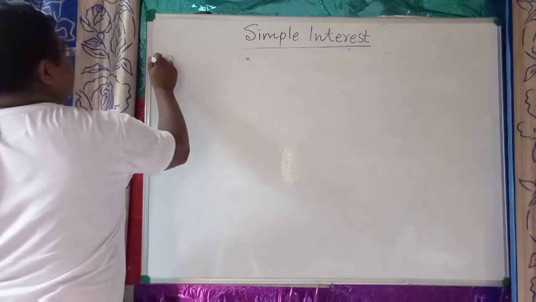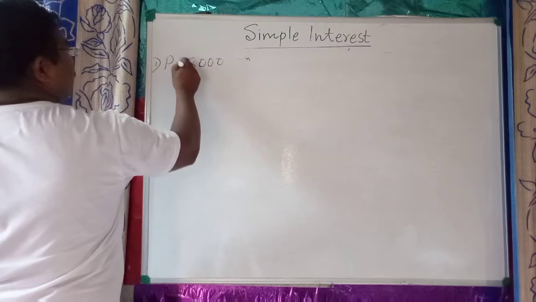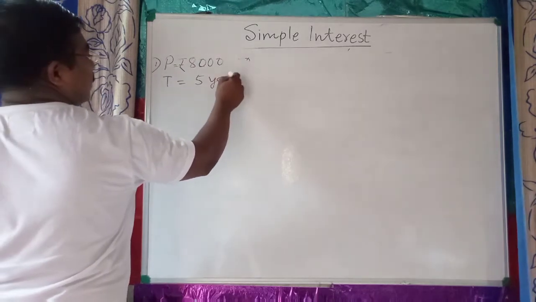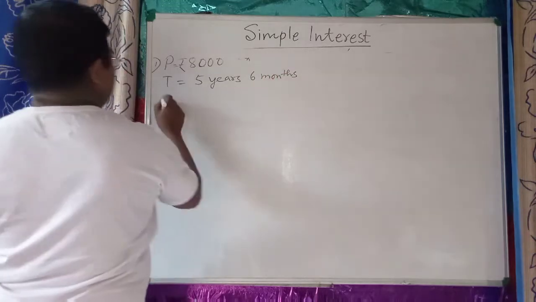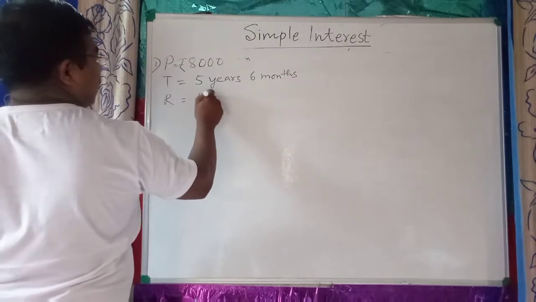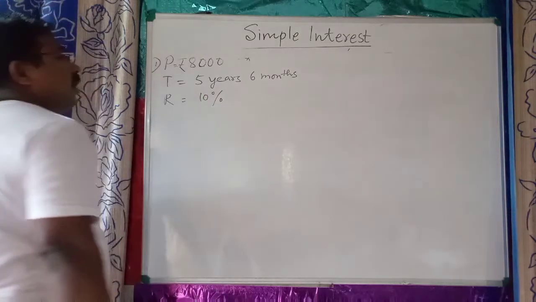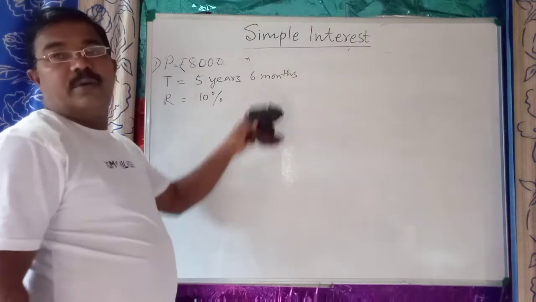Here P is 8,000 rupees, T is 5 years 6 months, rate is 10%. Now let us see how we can solve when a month is given.